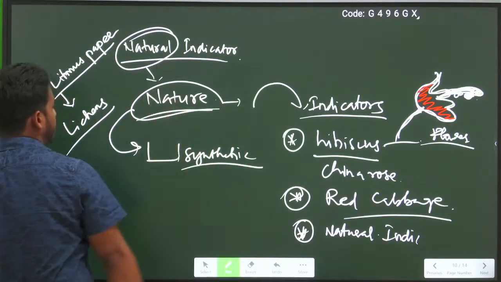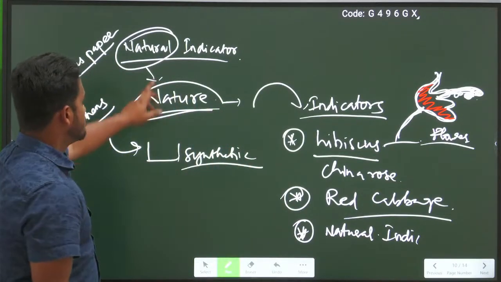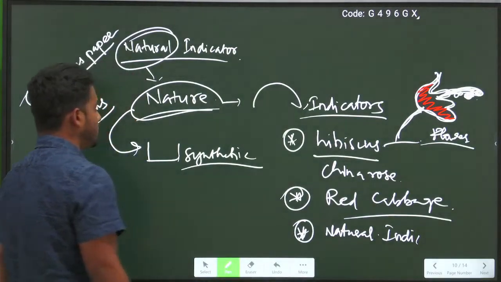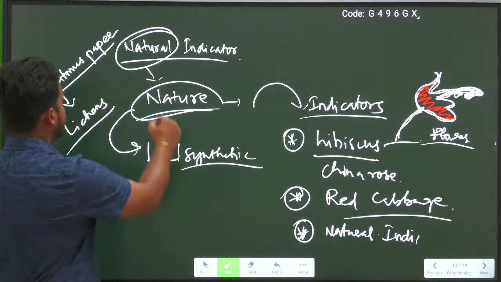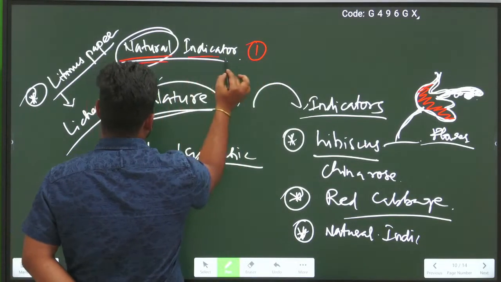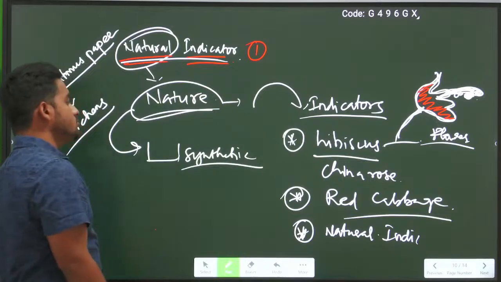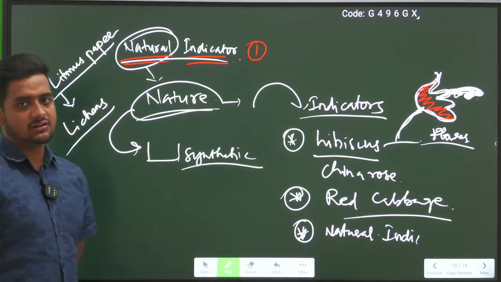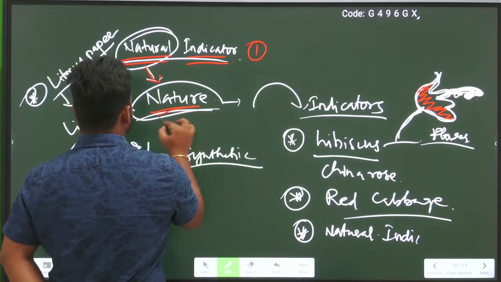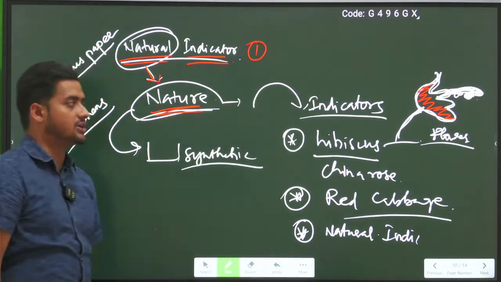So the first one, take an example, a natural indicator. What is the first type? It is the natural indicator. The name itself says that we are getting it from nature, yes or no?